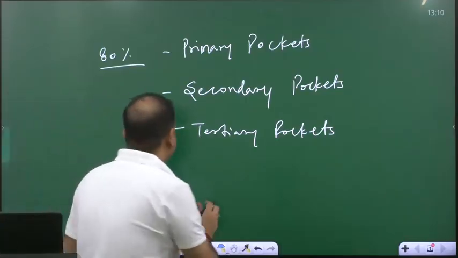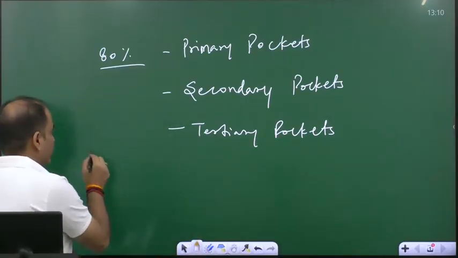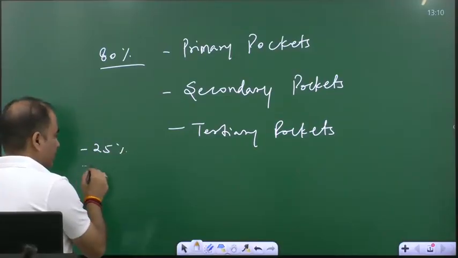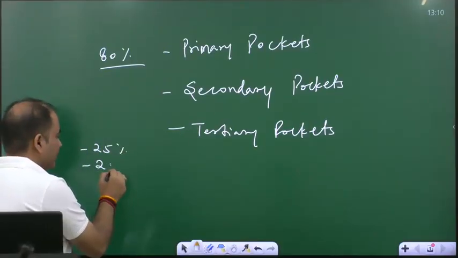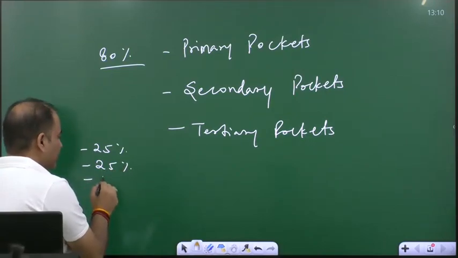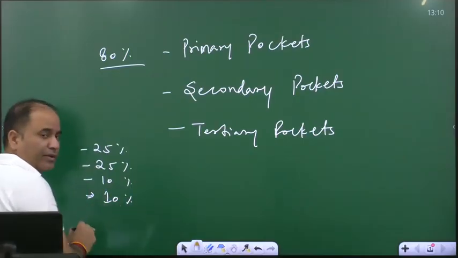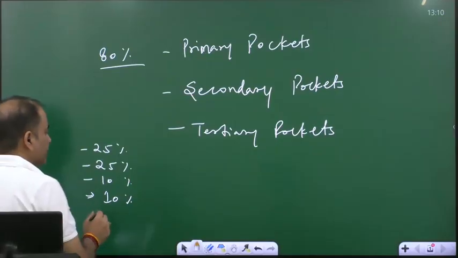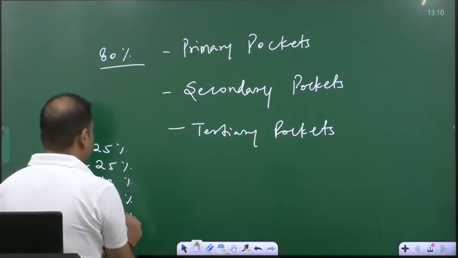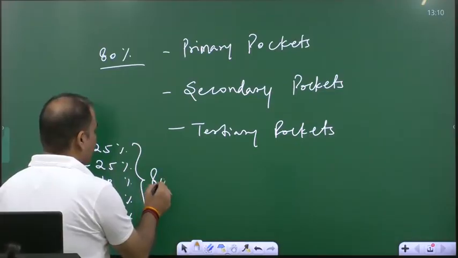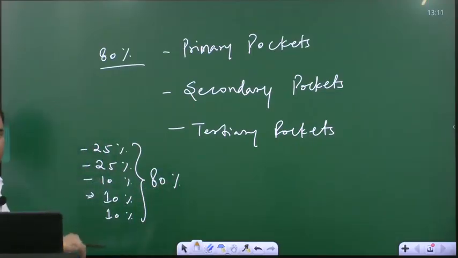As I have already explained, East Asia is around 25% of the population, South Asia 25%, Southeast Asia 10%, then Western Europe around 10%, then Northeast USA and Atlantic 10%. That makes 80%.